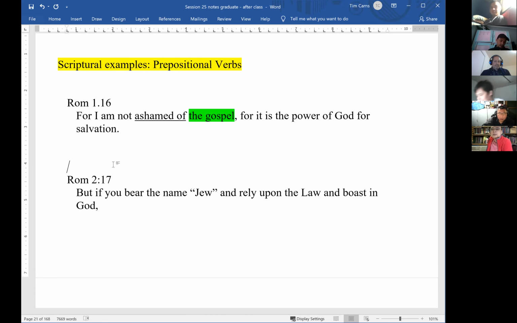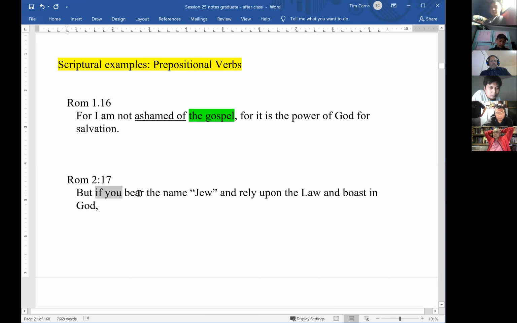Romans 2:17: But if you bear the name Jew and rely upon the law and boast in God. Okay, if you bear the name Jew, I think the prepositions there are if, and then the prepositional verb if you bear.